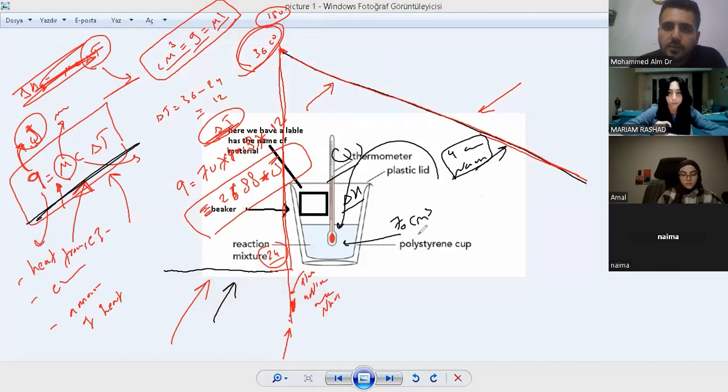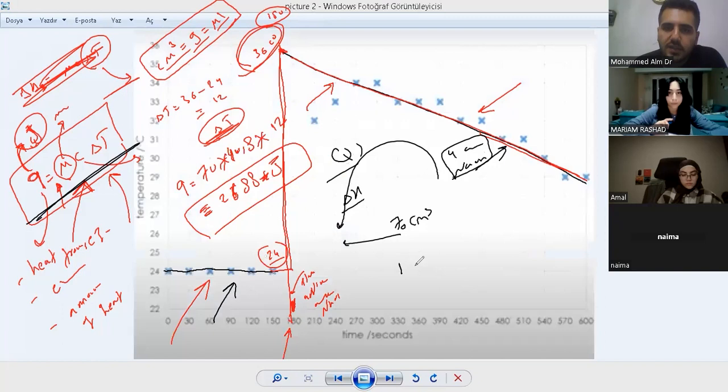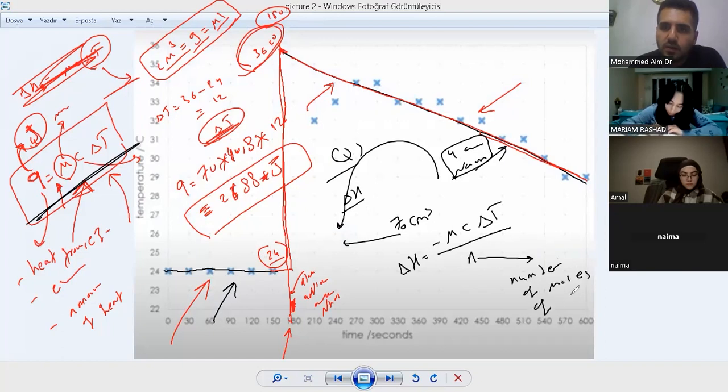To calculate delta H, we will say delta H equals minus MC delta T over, and this is a new rule, over N. N is the number of moles of the substance.